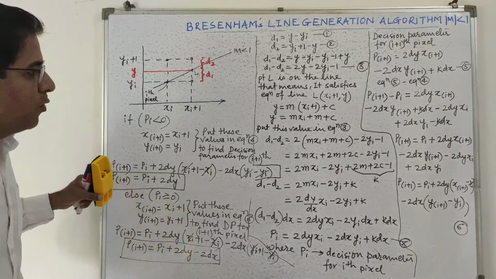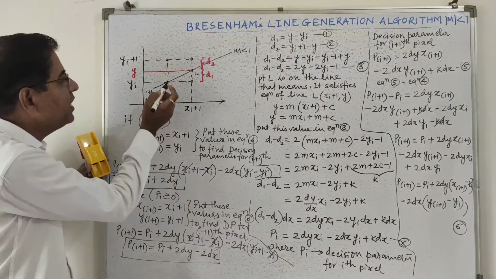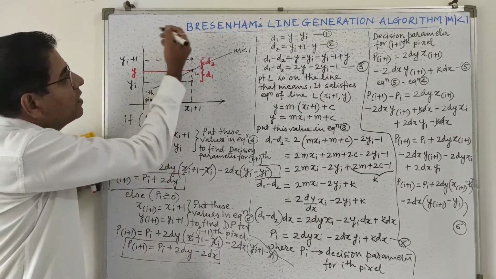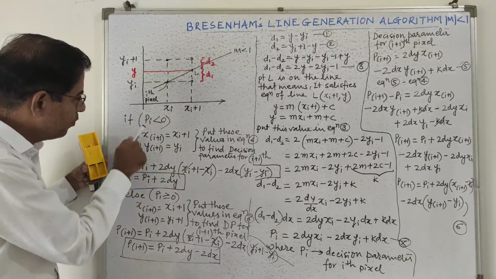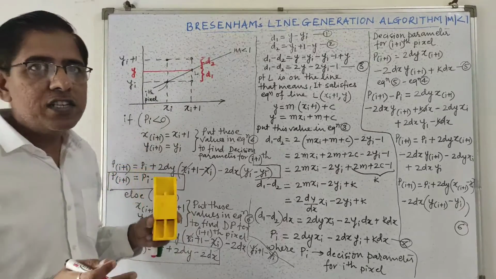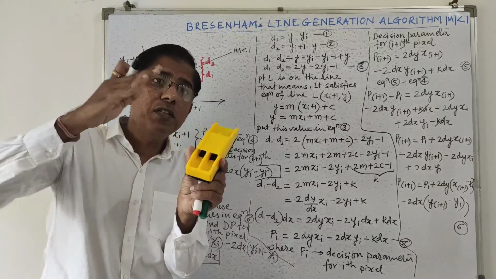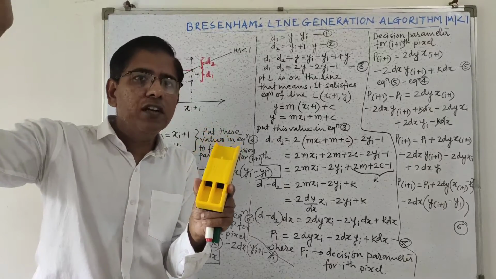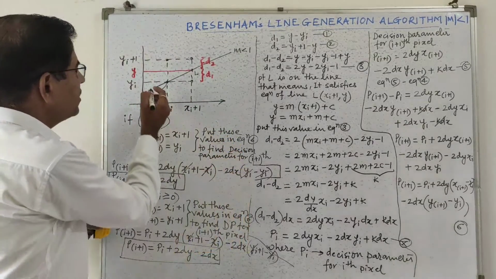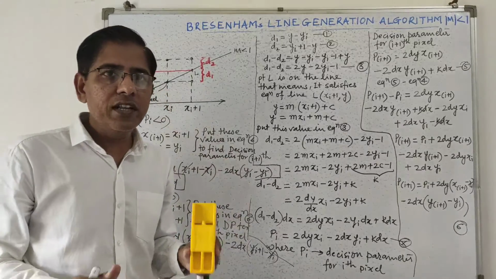Now we have derived the decision parameter for the intermediate and next intermediate pixel. So pi is the decision parameter for the intermediate pixel, and pi plus 1 means the decision parameter for the next intermediate pixel. But what is the decision parameter at the start point? That is still to be derived.